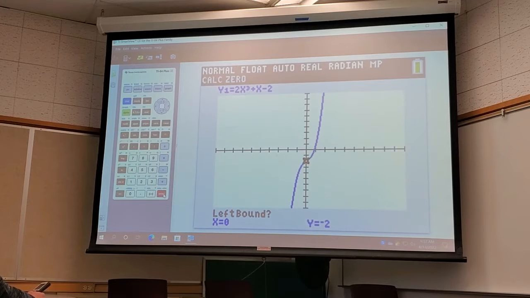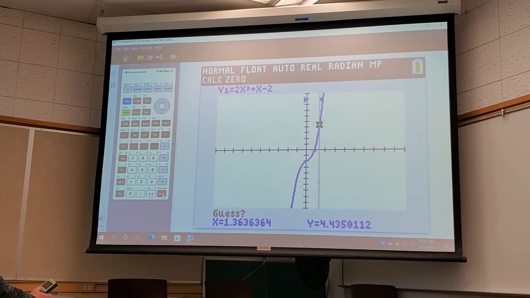Does that make sense? In section 4.8, we're going to learn the exact thing the calculator does to do what we're about to make it do, right? So let's give it a left bound. So am I on the left side of the answer? Yep, so hit enter. Now I want to move over to the right side of the answer.